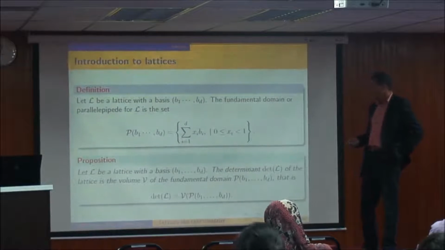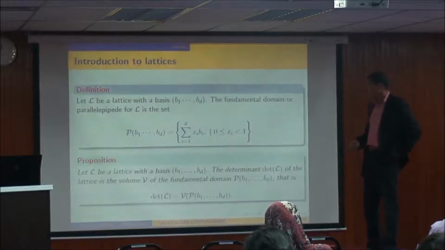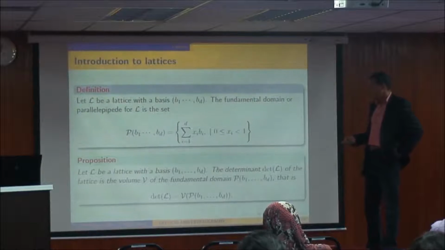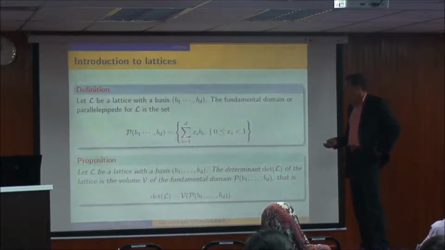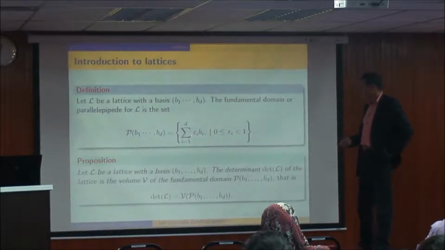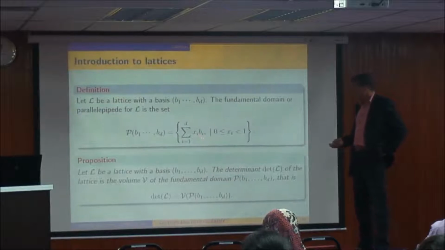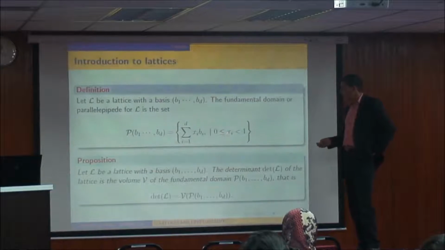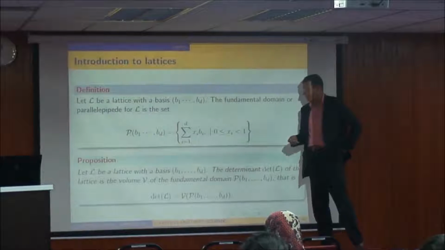Here is another definition about the fundamental domain, or parallelepiped, of a lattice. So the definition is this one. You can get the fundamental domain by using the linear combination of the vectors of the basis B1 to Bd, by choosing real numbers between 0 and 1.